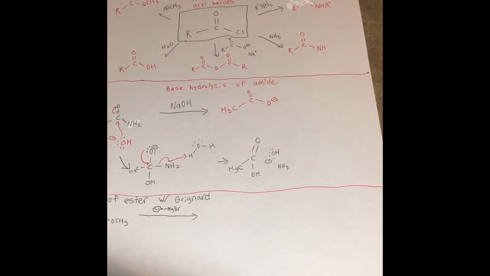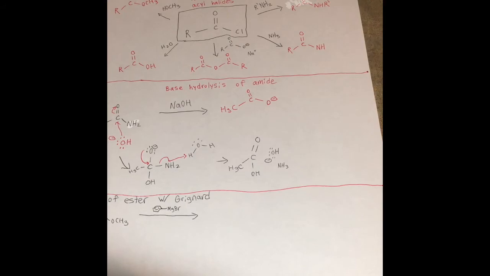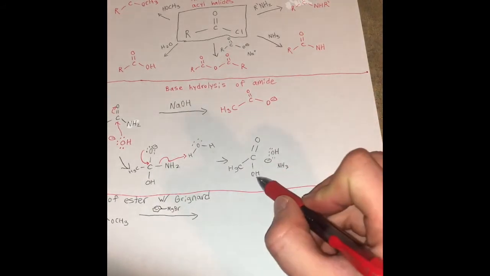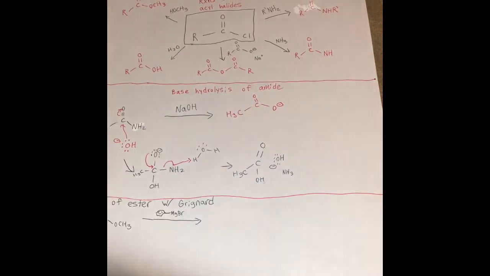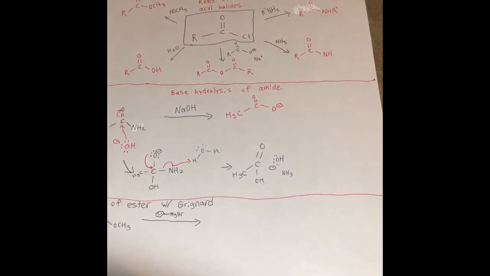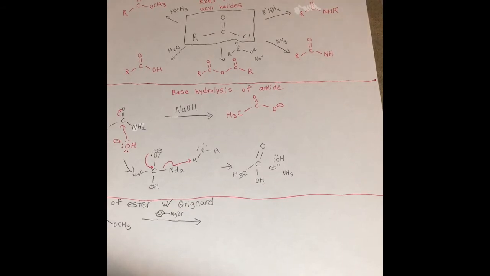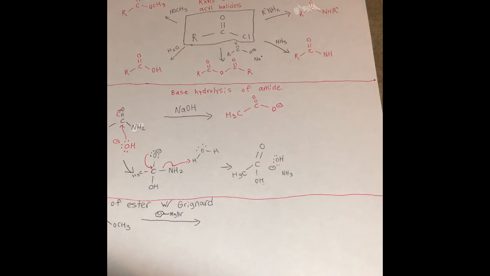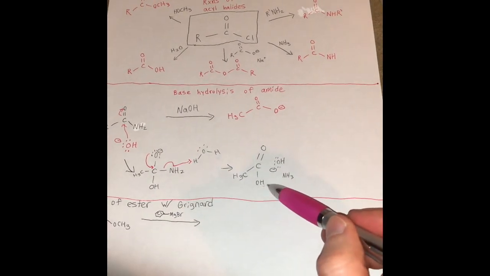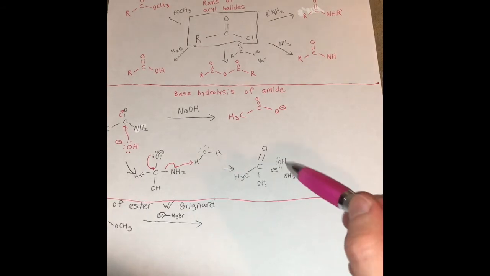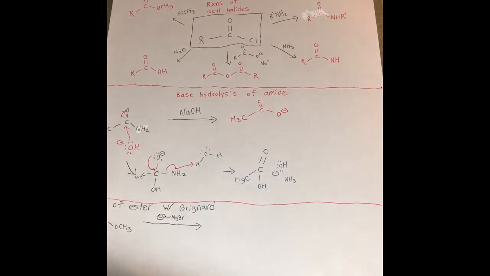So in the following step here, what we're going to do is deprotonate this H right here on the OH with this OH. Now, this is a driving force because the equilibrium lies so much towards the anion, which is the O minus form here, by deprotonating this H, we make it go towards the equilibrium.